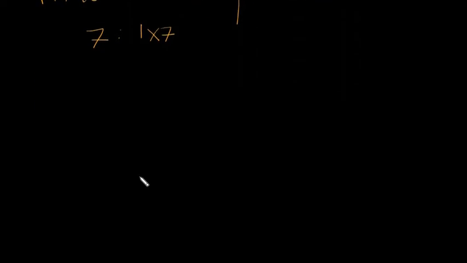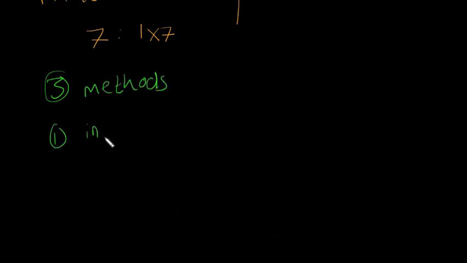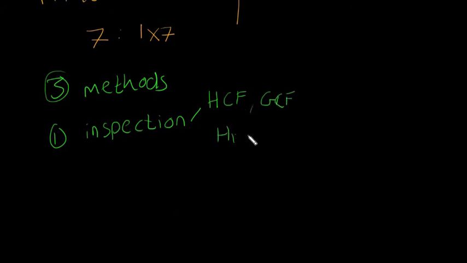Now we're going to go on to how to factorize something. There are 3 main methods. One is going to be inspection, and through inspection, looking for the HCF or GCF, which stands for highest or greatest common factor.